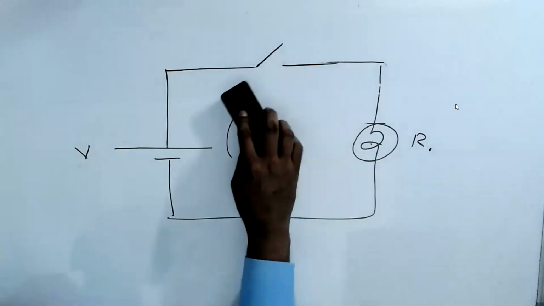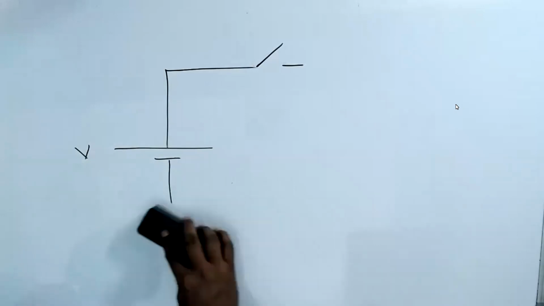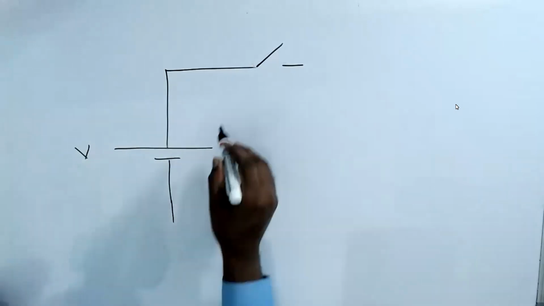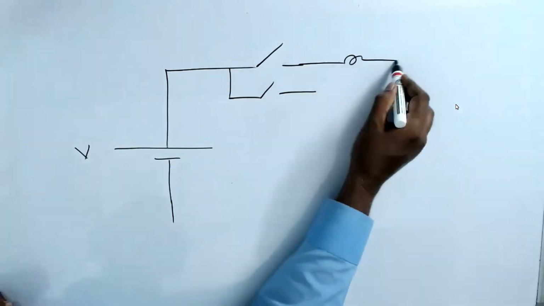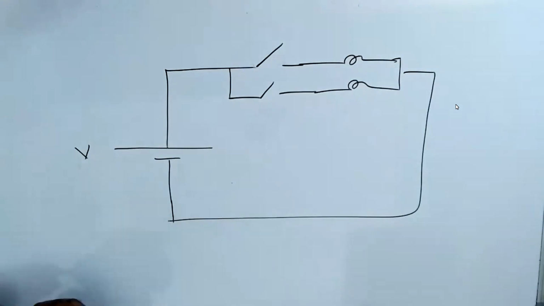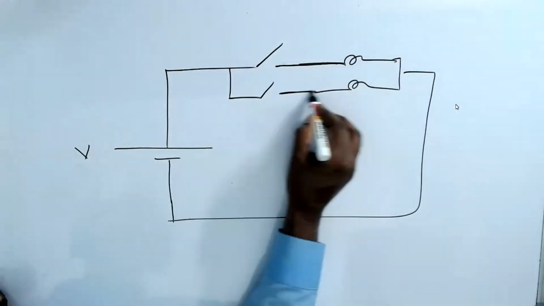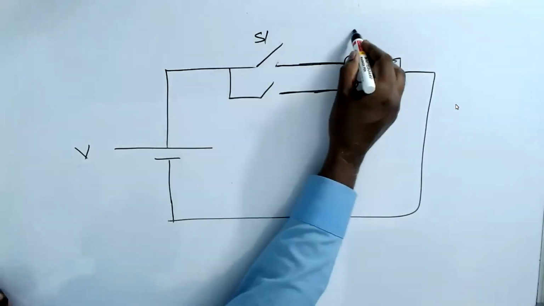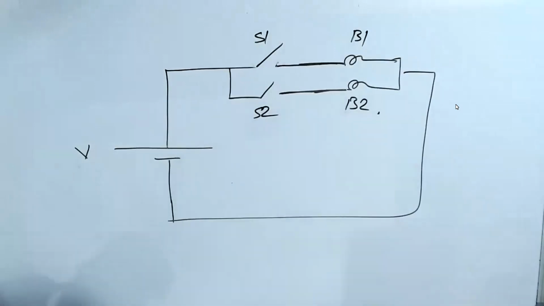Now what we are doing is a very simple extra concept. The same electrical circuit, we make into 2 switches and 2 bulbs. Am I right? I have 2 switches and 2 bulbs, so there's a 1-to-1 connection. This is switch 1, bulb 1. Switch 2, bulb 2.